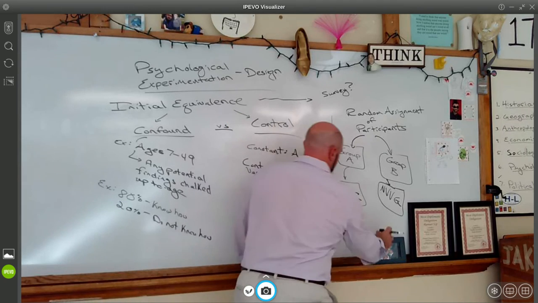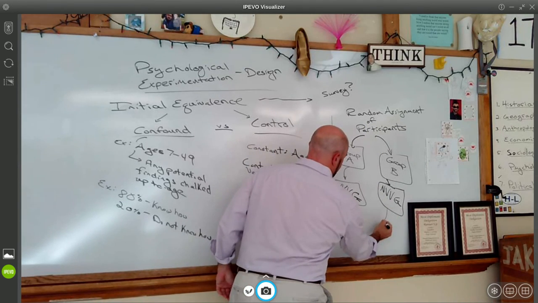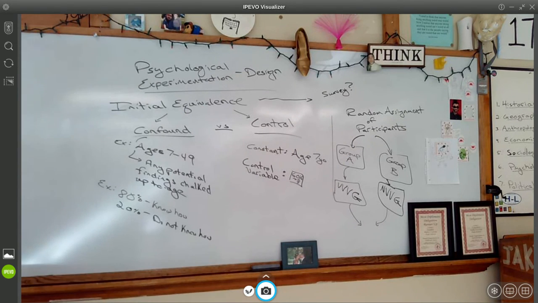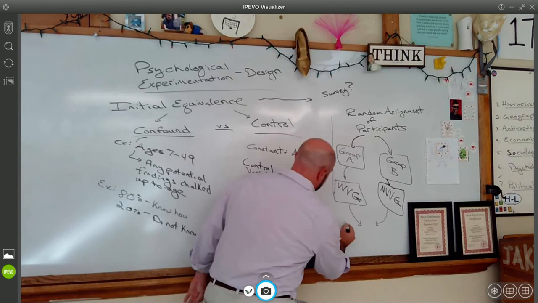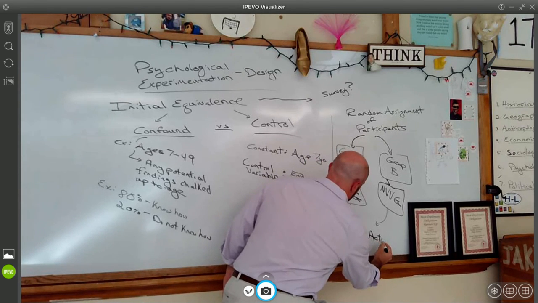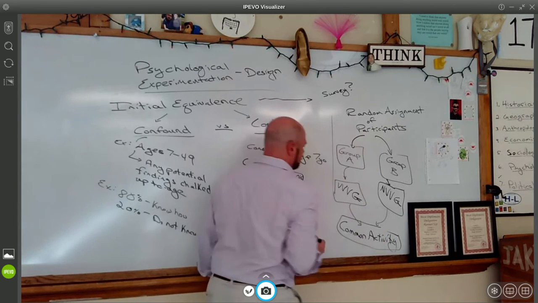So coming out of these two variable switch groups, they're going to feed back in, and they will participate in some sort of exit test, if you want to think of it like that, a common activity, which will then allow us to measure exactly what we were trying to measure in the first place.